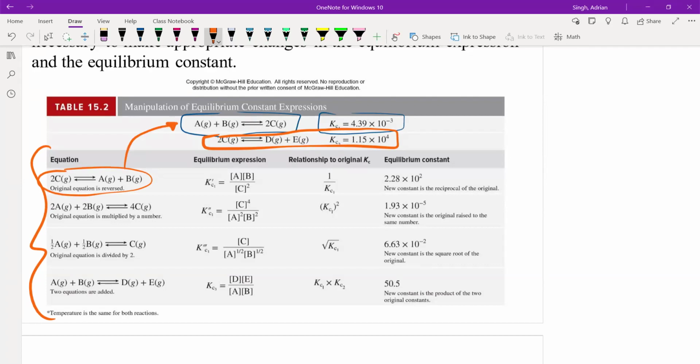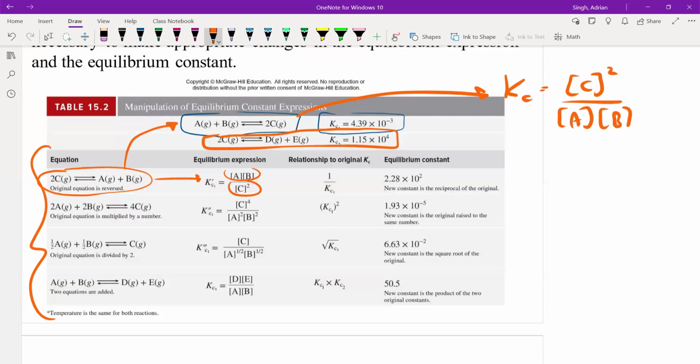So if you were to write the expression for this reversed equation, it'll be the products over the reactants. And if you compare it to this original equation here, if I were to write that Kc expression, it's C squared over A times B. Well, what's the relationship between this expression here and this one? They are inverse to each other. One is one over the other one.